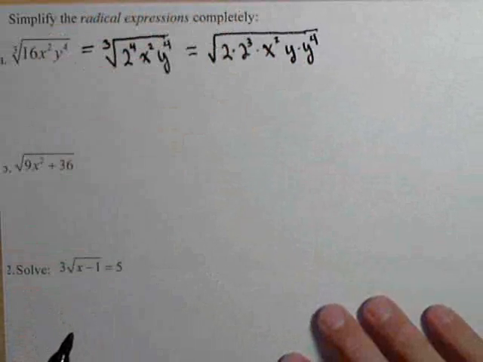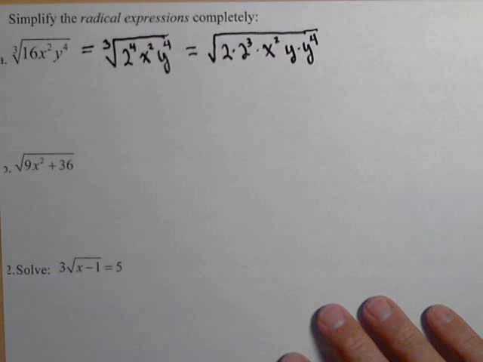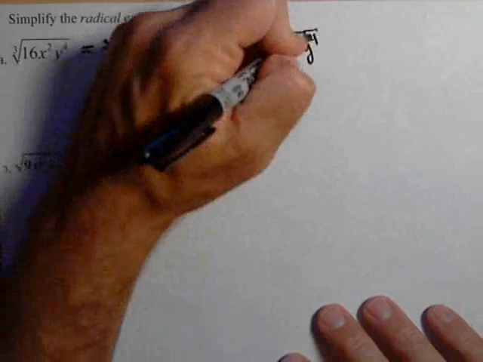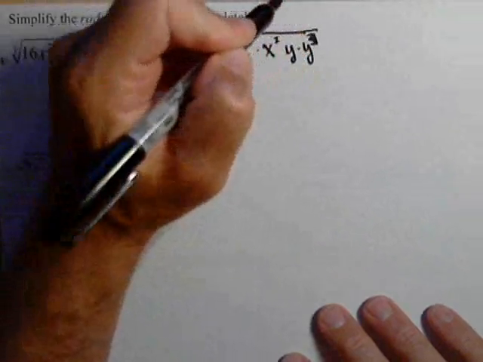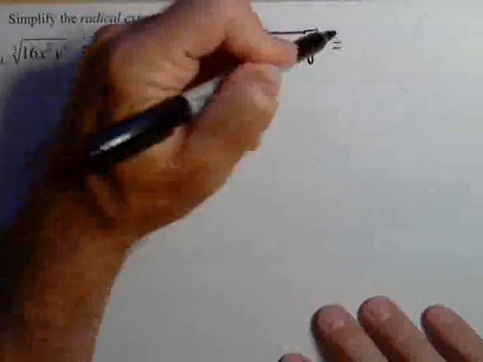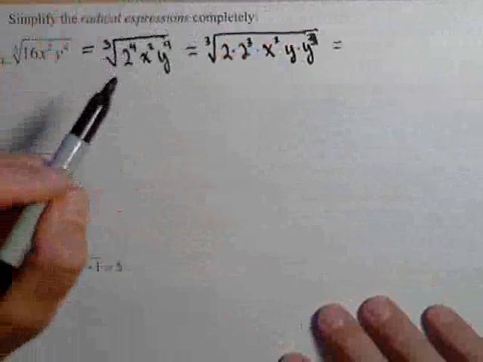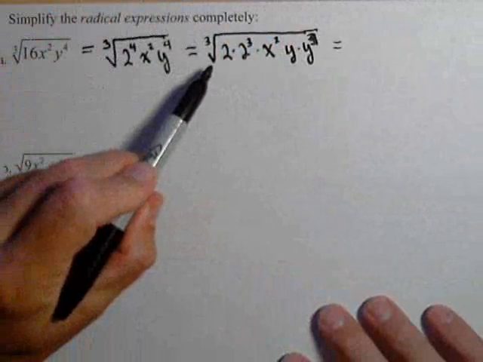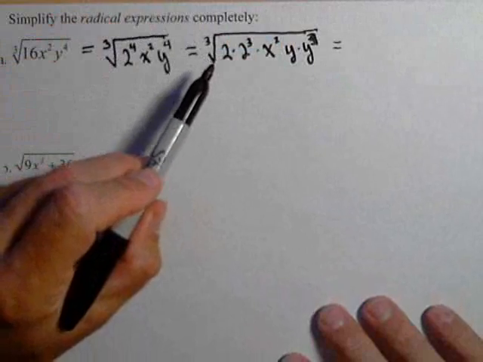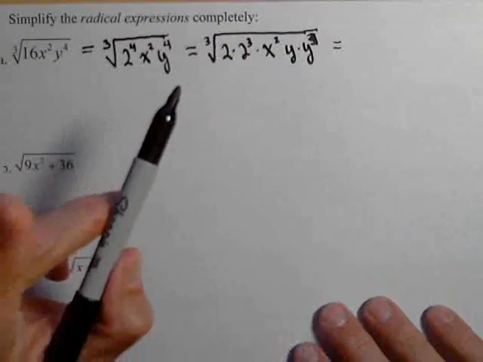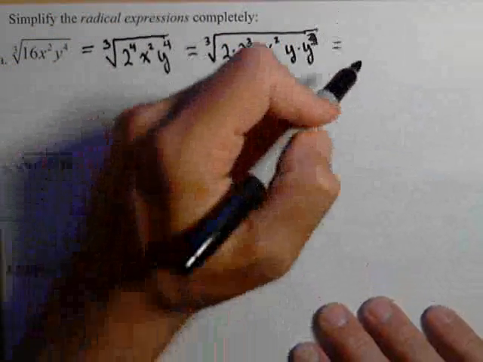Now we'll go through all the steps in this problem, but probably you could skip a couple of these once you get the hang of this. Sorry, not y to the fourth, y to the third. This is a cube root. Now, property of radicals is they can be split up over multiplication or division, not addition or subtraction, but because it's multiplication we can split it up.